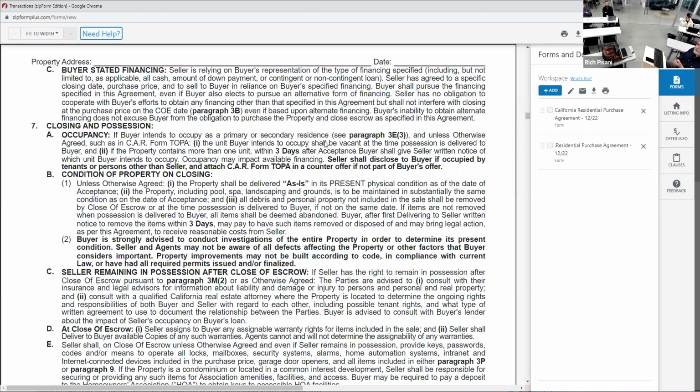If there were repairs that were supposed to be done that weren't done, you can't stop the close of escrow. The buyer's only remedy is small claims court. So, I mean, you could possibly sneak around.